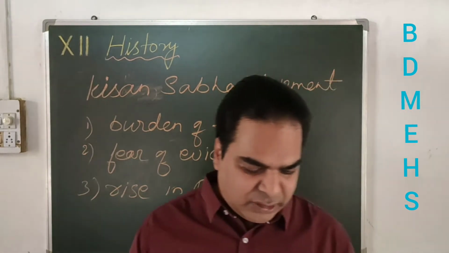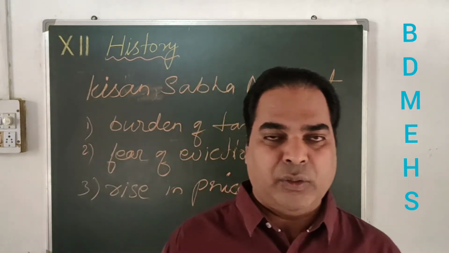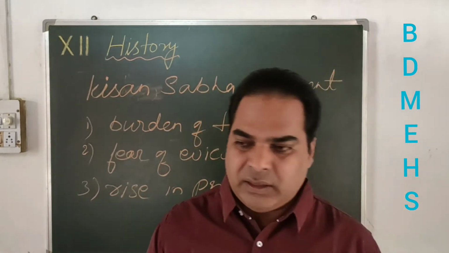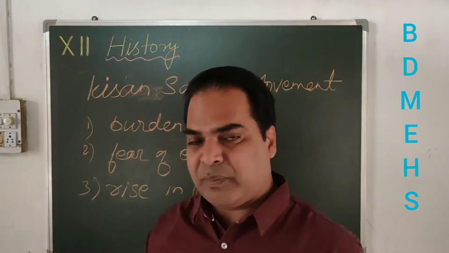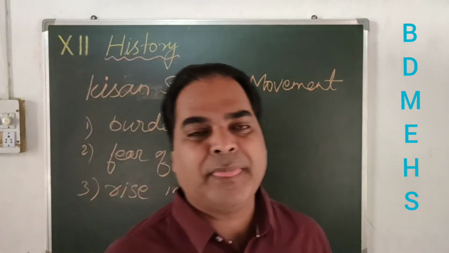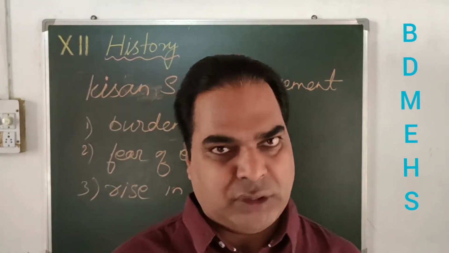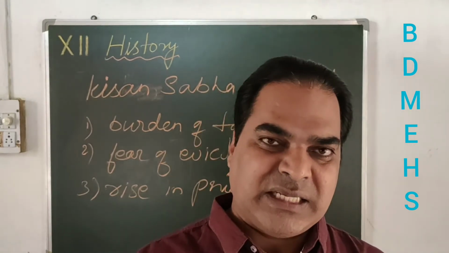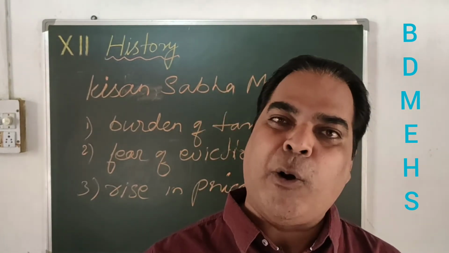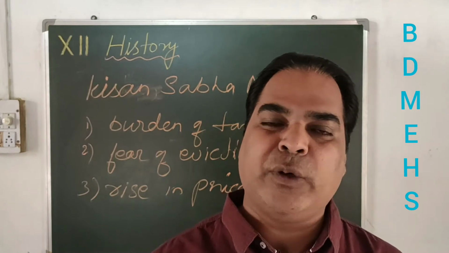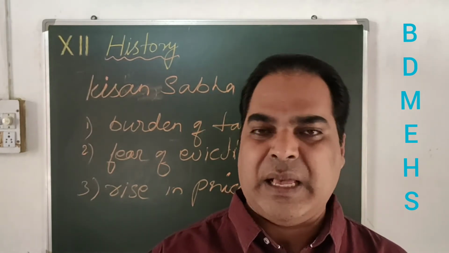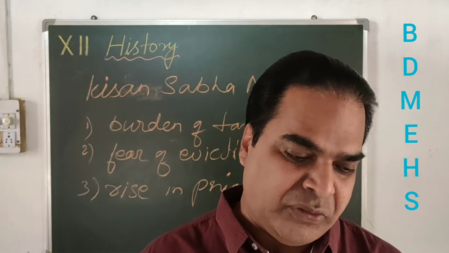Some of the main centers of the peasants' movement were Uttar Pradesh, and from there it started spreading to Bihar, Bengal, Gujarat, Rajasthan, Odisha, Malabar, Assam, and other provinces of our country.